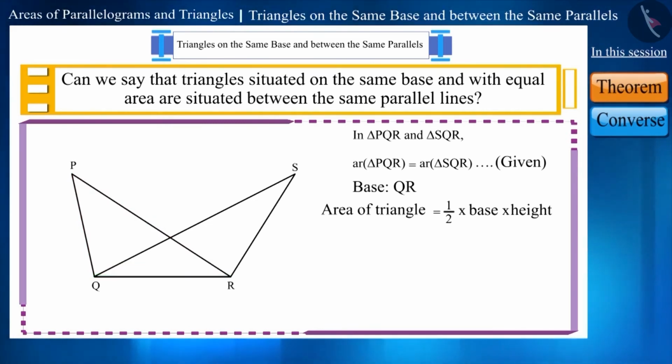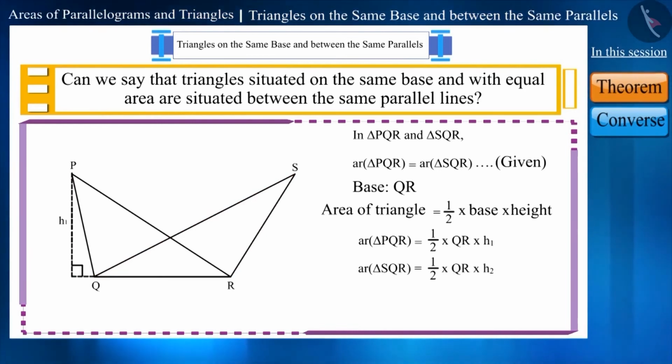Here, no information is given about the height. So let's take it as H1. Similarly, in triangle SQR, we can use the formula for the area of a triangle and we will get this, where H2 is the height of triangle SQR.